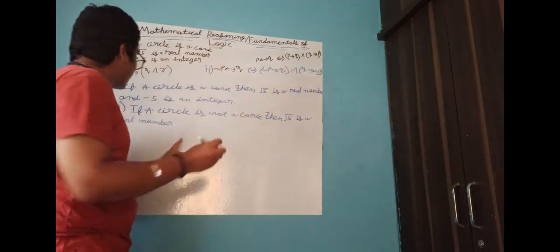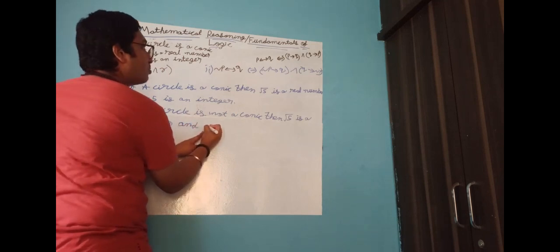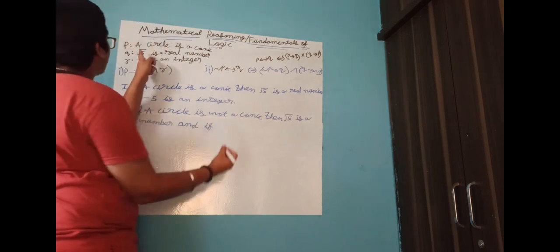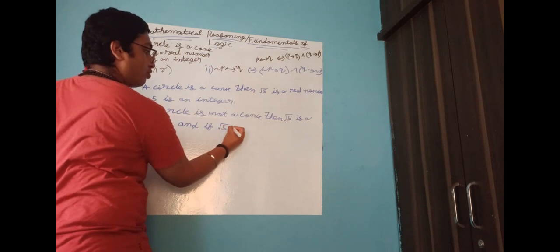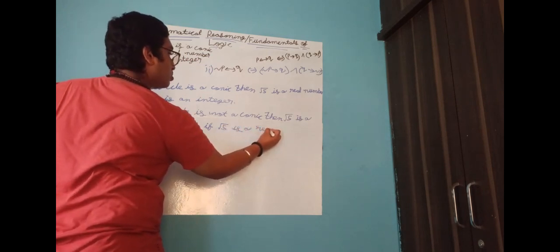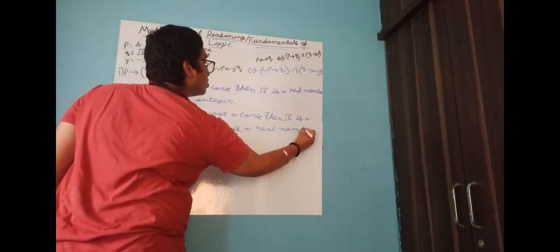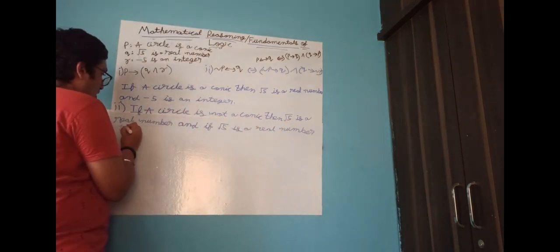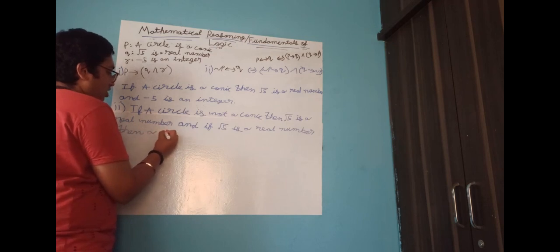This symbol indicates and. Again, if Q now. What is Q? Root 5 is a real number. If root 5 is a real number, then negation P. Then a circle is not a conic.